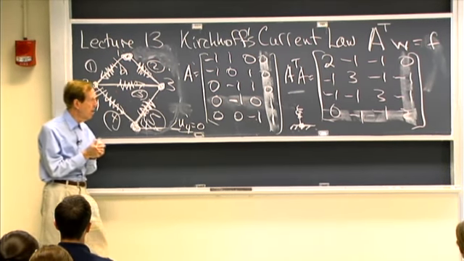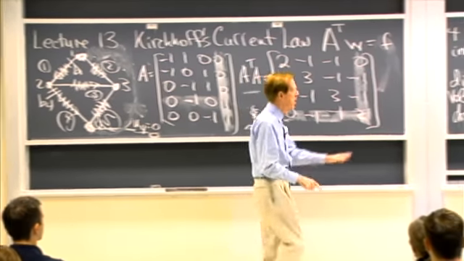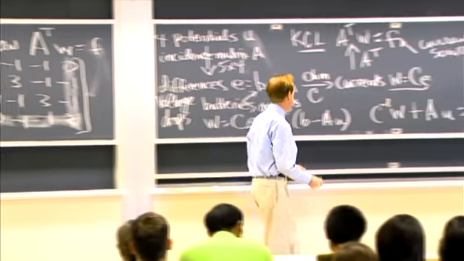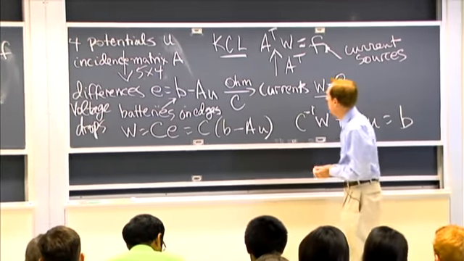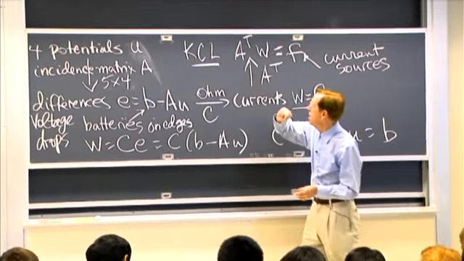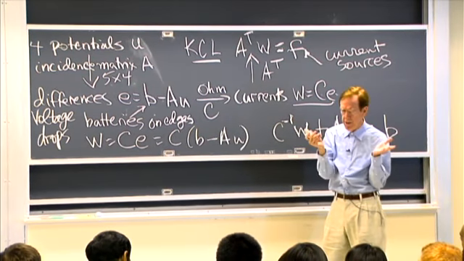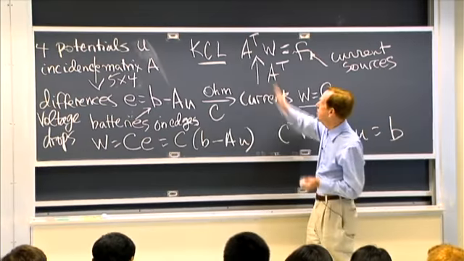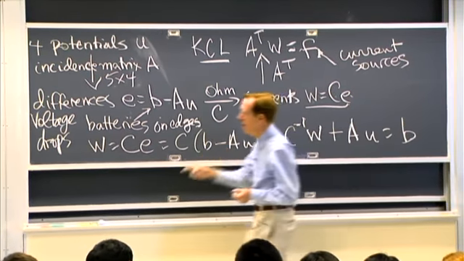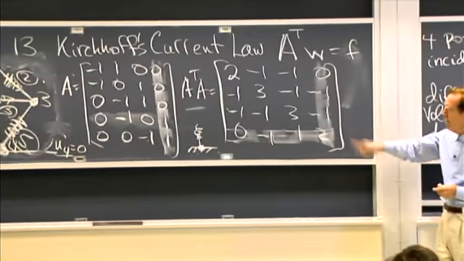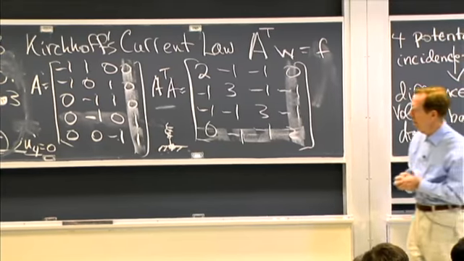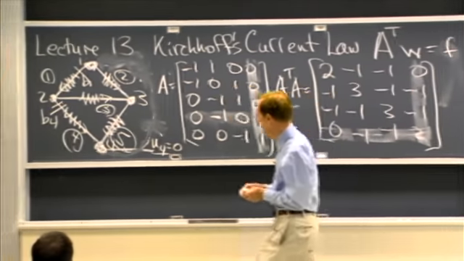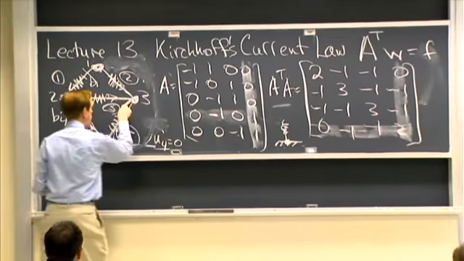Now we have the whole pattern here, except that I really have still to justify the fact that it truly is a transpose, the transpose of that matrix that comes into Kirchhoff's current law. I guess in the first minute of the lecture, I looked at that particular node.